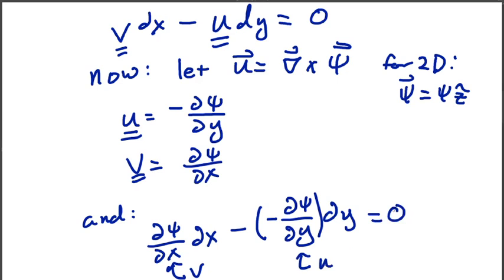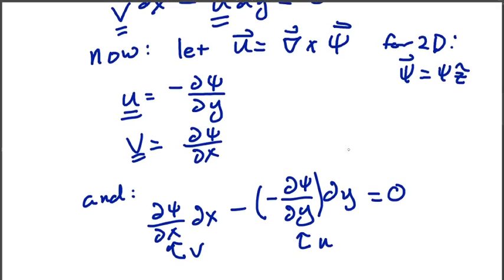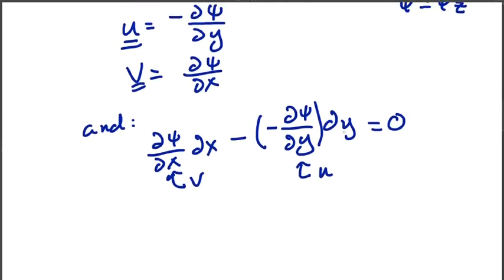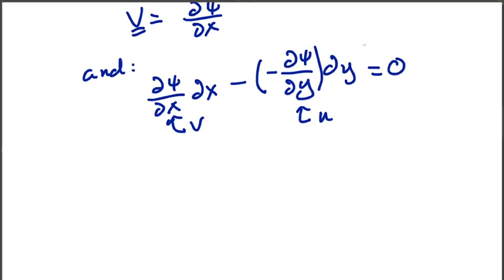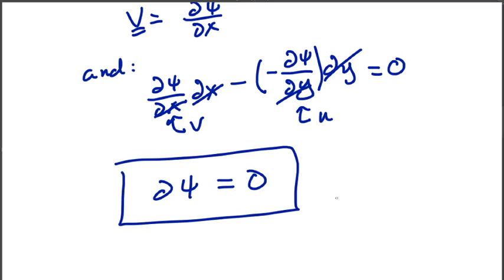That's all equal to 0. And then if we get a little clever with our calculus here, and do some calculus by crossing out differentials, we get the inference that d psi is 0 along our streamline.